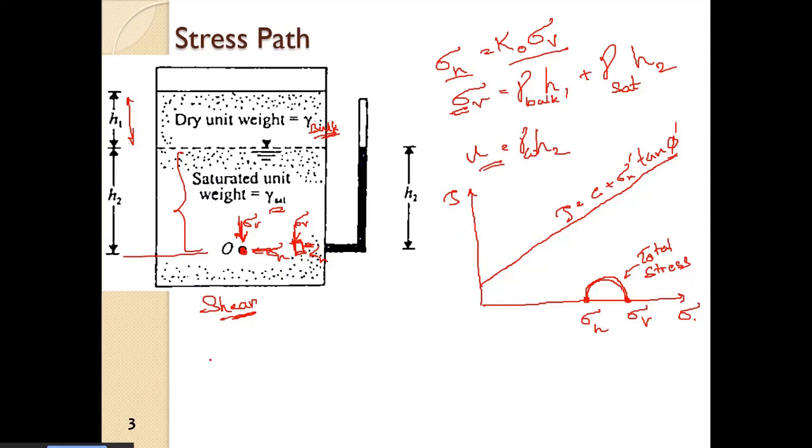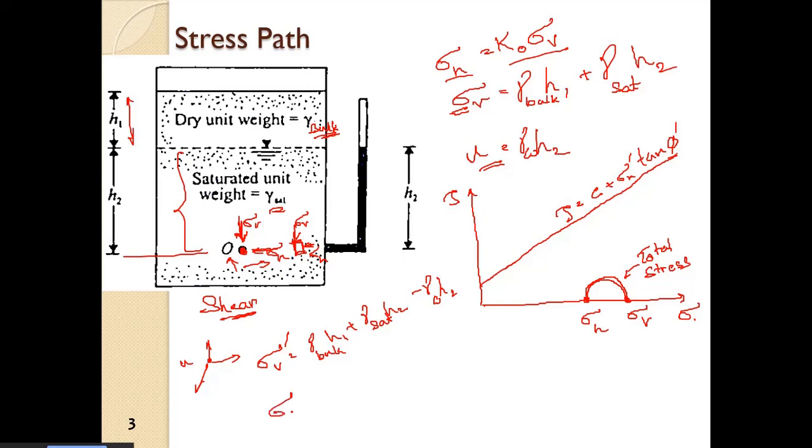Obviously we know that pore water pressure, if it is u at a point, it is same in all directions, right? So it is same in horizontal direction as well as vertical direction. So we have sigma v dash is equal to gamma bulk H1 plus gamma saturated H2 minus gamma W H2.